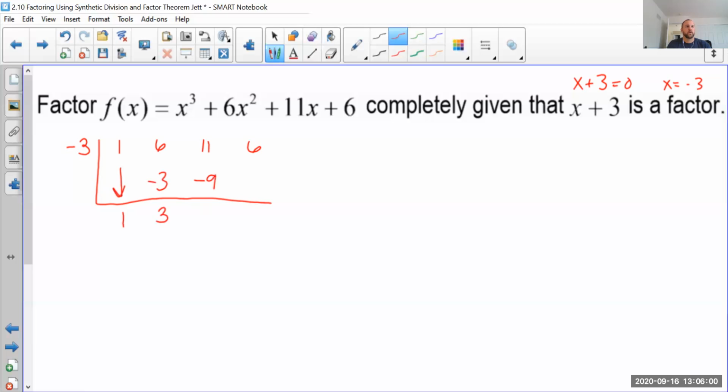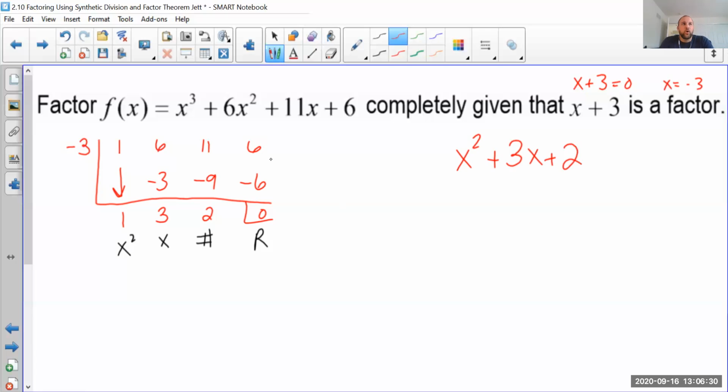Multiply, add, multiply, add. So this is my remainder. This is my number, constant. This is my x. This is my x squared. So that leaves me with x squared plus 3x plus 2.